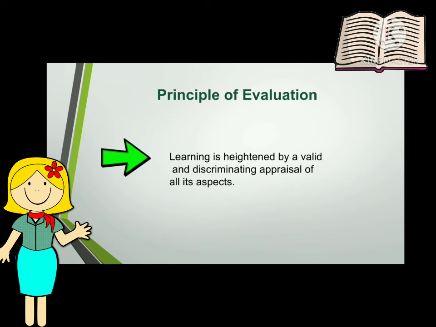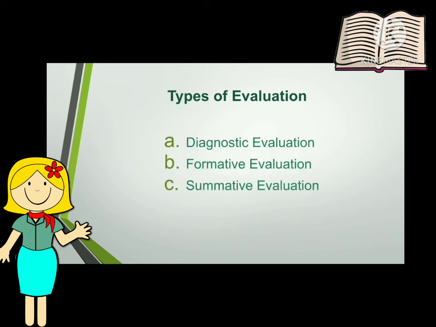It is when the teacher knows if her or his students learned a lot from him or her, how effective the instruction was, and if he or she met his or her objectives or goals in this instruction or lesson. So we have three types of evaluation: the diagnostic evaluation, formative evaluation, and the summative evaluation.